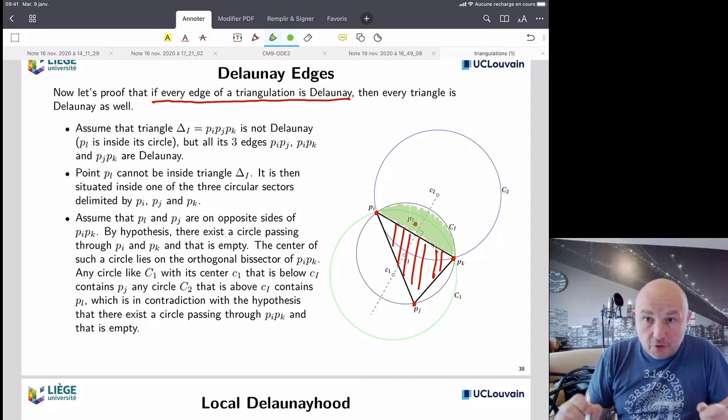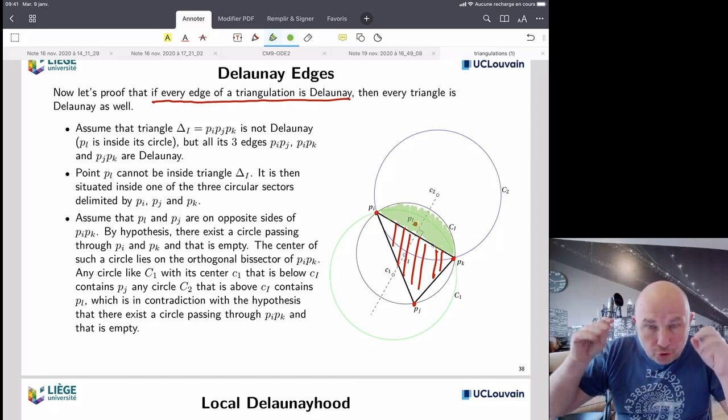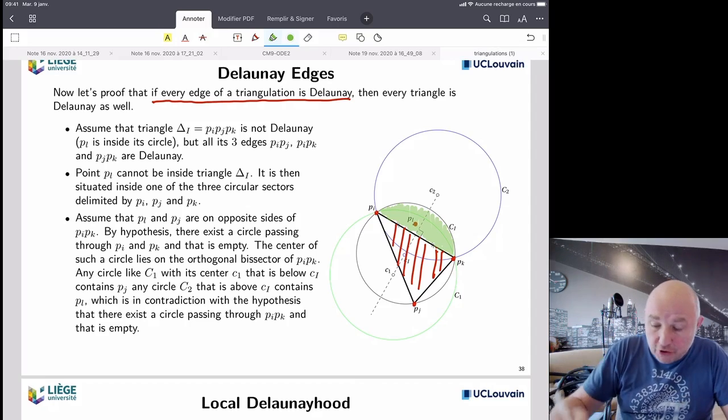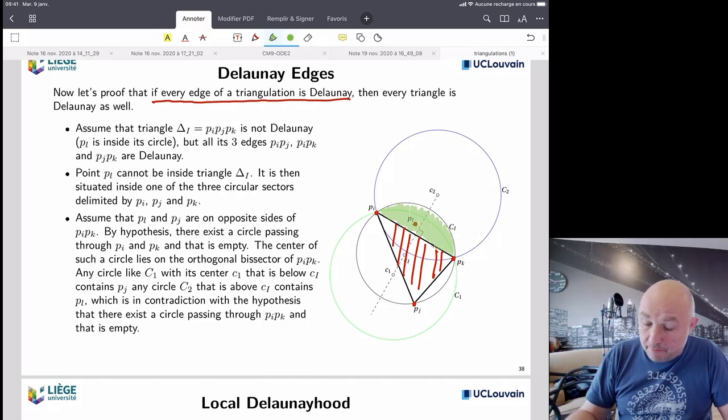So you should always be able to draw a circle that passes through PI and PK, and that is empty. Assume now that we draw a circle on that side.